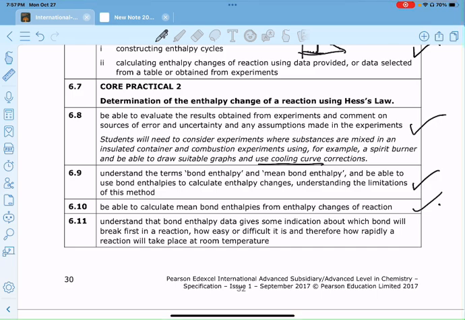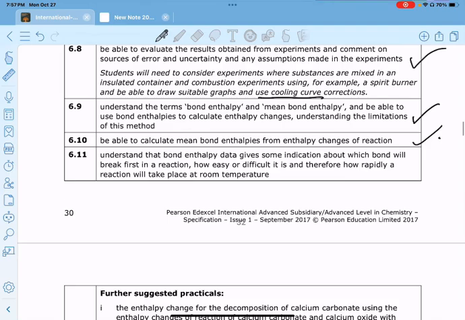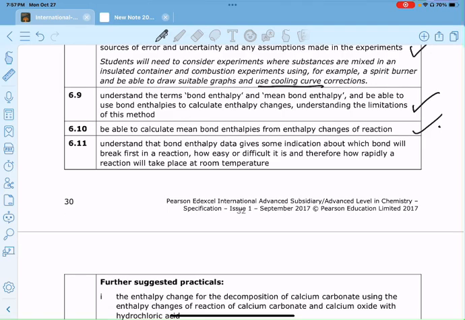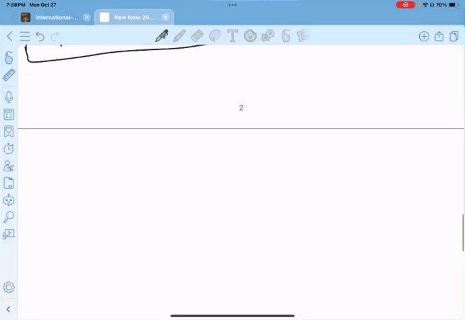Okay, so the last part for this video, understand that bond enthalpy data gives some indication about which bond would break first in a reaction, how easy or difficult it is, and therefore how rapidly a reaction will take place at room temperature. Let's say we're given reaction 1 and reaction 2.